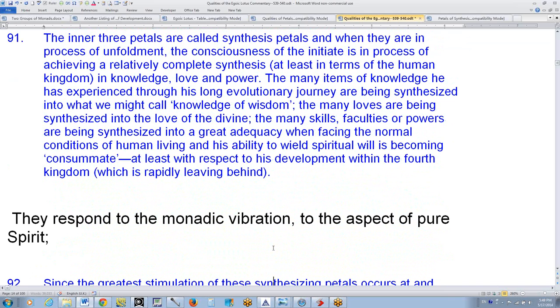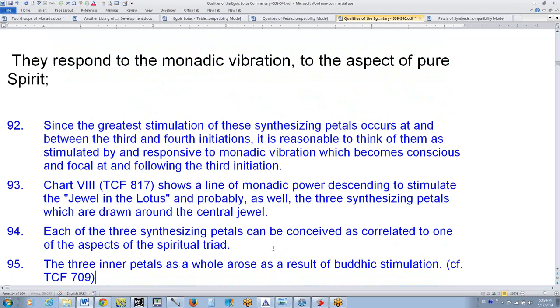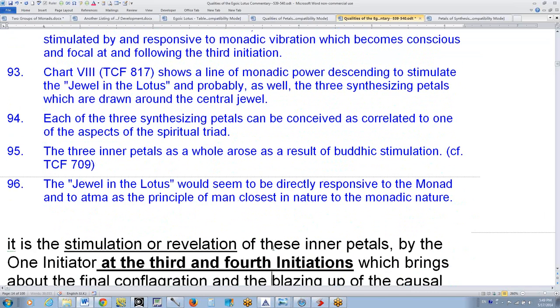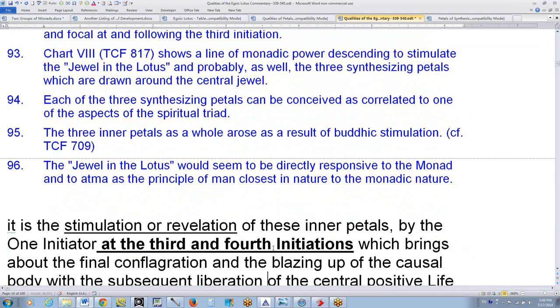The 3 synthesis petals are closely related to the jewel, just as the triad is closely related to the monad. So they respond to the monadic vibration of pure spirit. And it is the stimulation or revelation of these inner petals by the one initiator at the 3rd and 4th initiation.